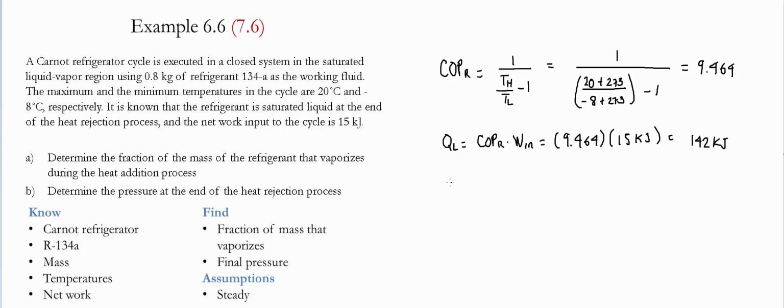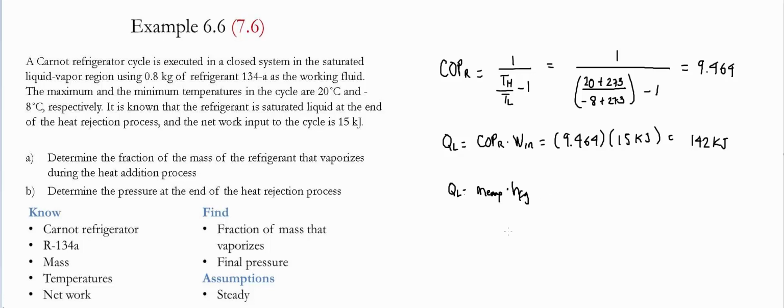QL, or the amount of cooling, could also be related to the amount of energy that is required for the vaporization process that takes place inside of the refrigerator. Therefore, we could say that QL is simply the mass that it vaporizes times the enthalpy of vaporization, which is equal to HFG at the low temperature.